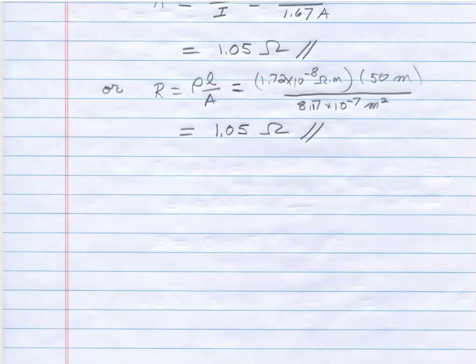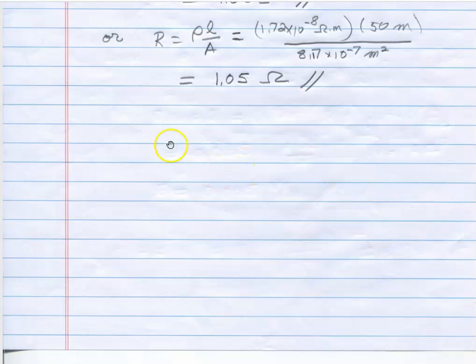Now, at this stage, there's lots of ways we can get the resistance, and one formula that you had both in lab and also in class was that the resistance was equal to the resistivity times the length of the wire divided by the cross-sectional area. And at this stage, we know all of those things. We've looked up the resistivity for copper, 1.72 times 10 to the minus 8 ohm meters.